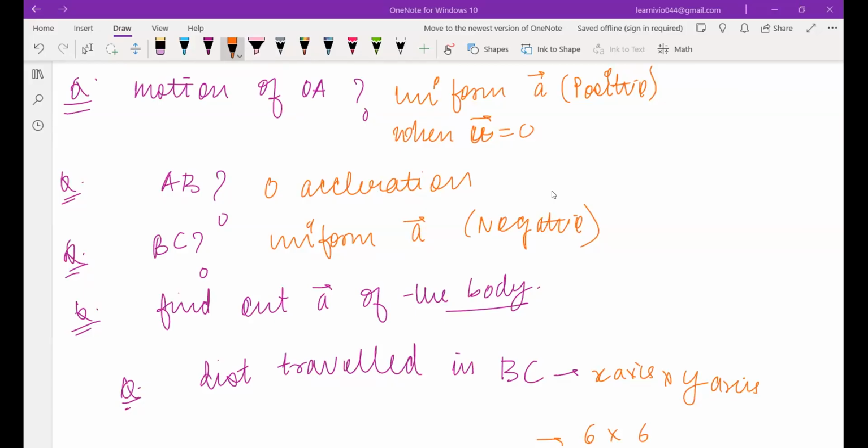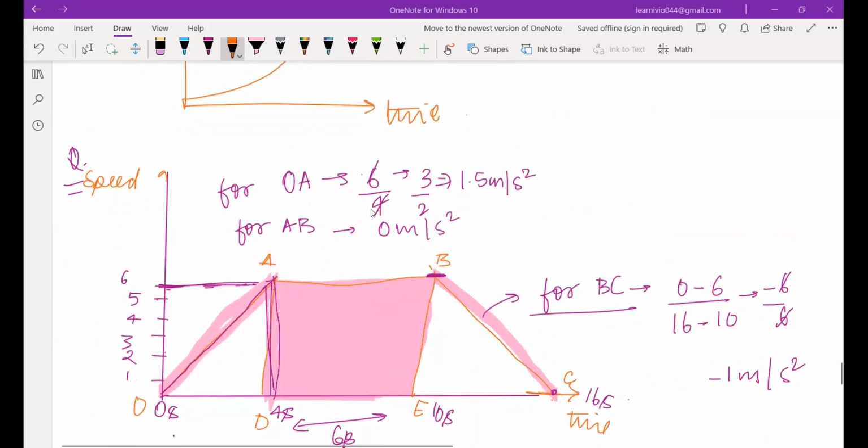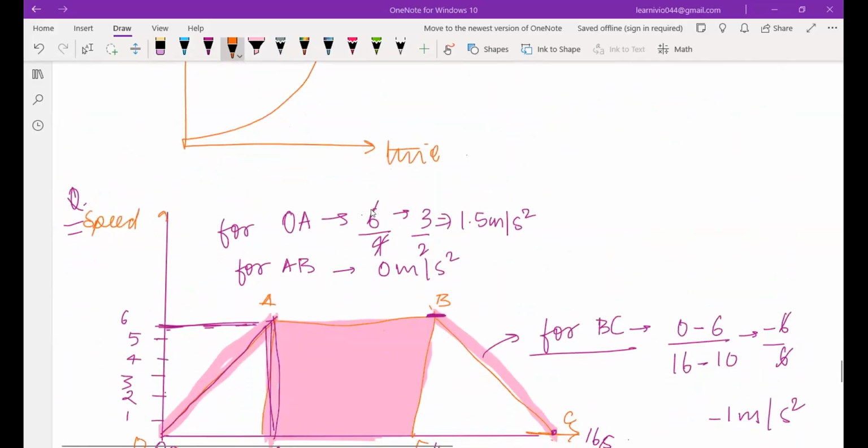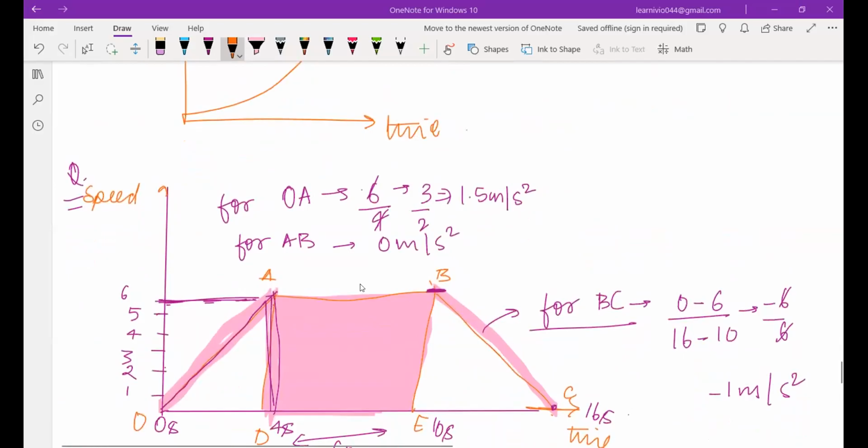Done, ma'am. Yeah, copy the questions also. Now you can copy this part, the acceleration for all the cases. Okay, ma'am.